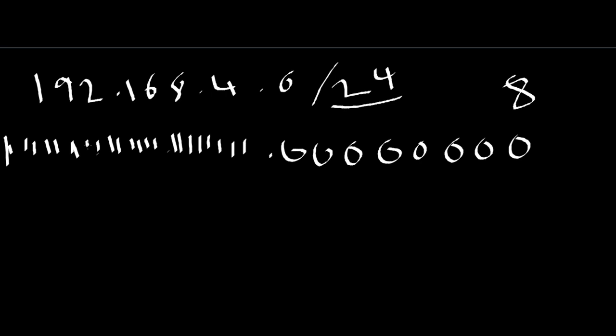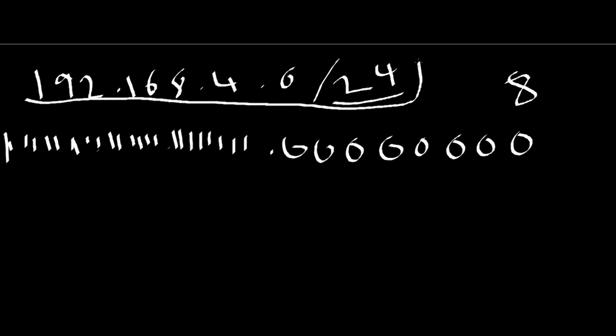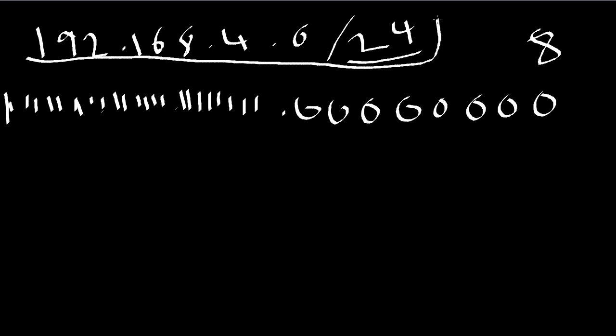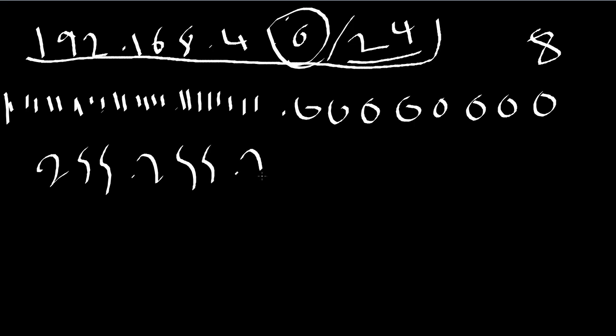So now we know how to represent this here. Just looking at this, we are now experts. /24 means this side is what I'm dealing with, so the rest of them I represent as 255.255.255.0.